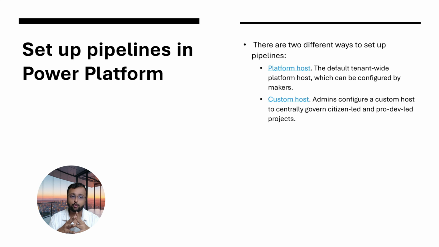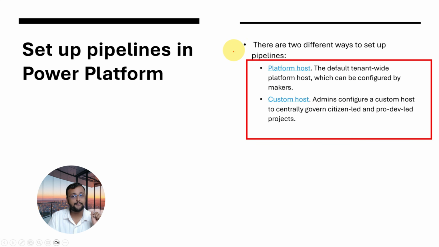So there are mainly two ways to set up the pipeline in the Power Platform. All right. Number one is platform host, and the second one is custom host. Now, what do we mean by these two ways of setting up the pipeline? It is very important to know, because if you search on this topic on YouTube today, Power Platform deployment pipeline, most of the videos you see are people doing the pipeline setup with model-driven applications and all, performing those steps, right?